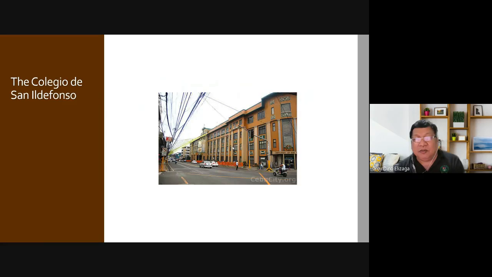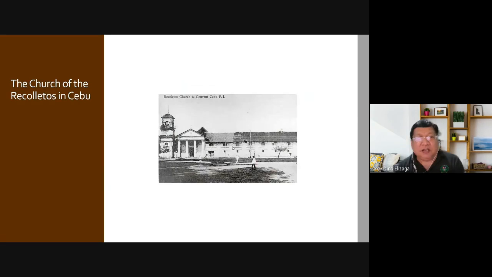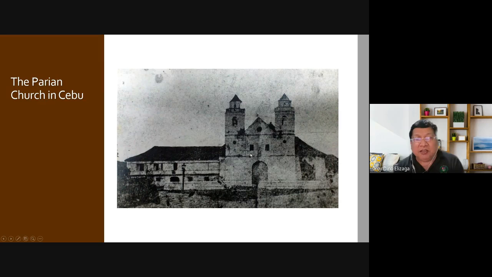San Carlos now, and the Church of the Recoletos, which is still there in the USJR now. I don't think this is still the same church. Parian Church in Cebu was demolished because of a conflict with the cathedral.